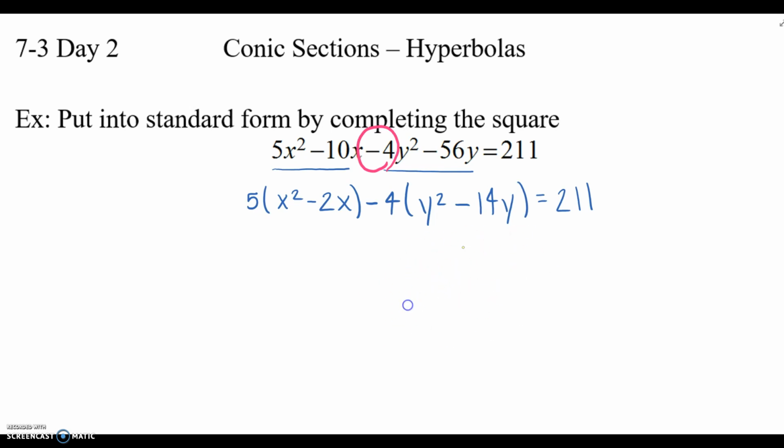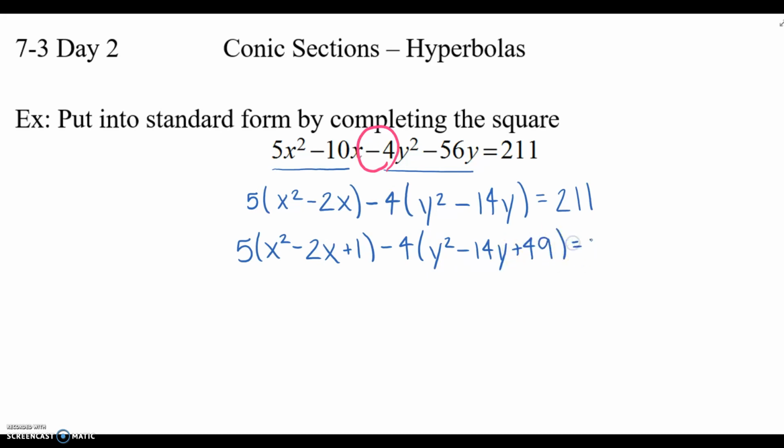Anyways, so now we're going to complete the square twice and add it in the parentheses and to the other side. So we still have x squared minus 2x. Negative 2 divided by 2 squared will give us positive 1. And then negative 14 divided by 2 squared will give us positive 49.